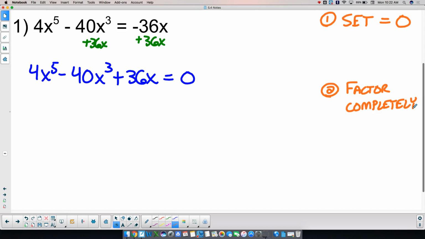So let's run the checklist. Step number 1 was what? Set it equal to 0. Checklist for factoring. Different checklist now. GCF. Can I GCF it? Yeah. What? 4x. What's left over?